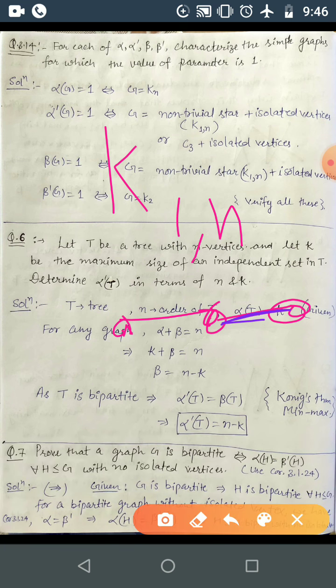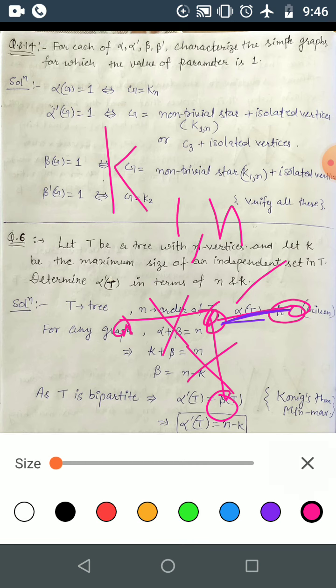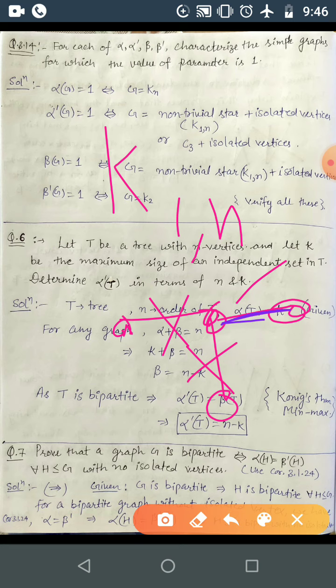K1,3: again the same, you can pick one edge, and the other edges are adjacent with this one, correct. Next is K1,4 and so on up to K1,n, and you can also take the union with some isolated vertices. Since you are just choosing edges, the union with isolated vertices doesn't affect alpha dash of G, the number of edges, correct.